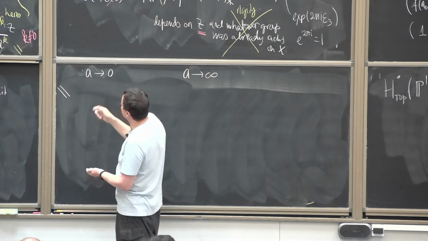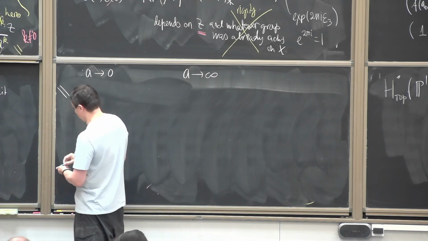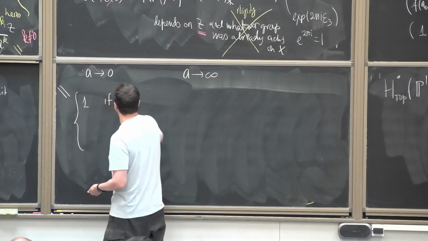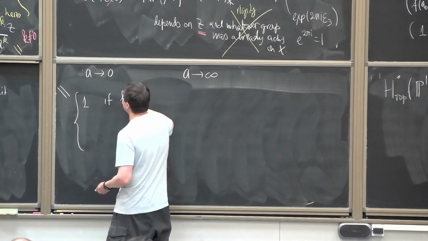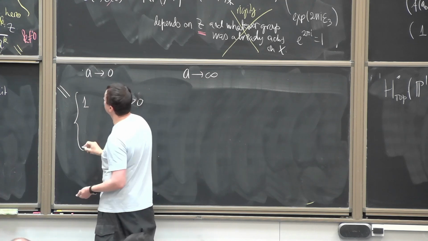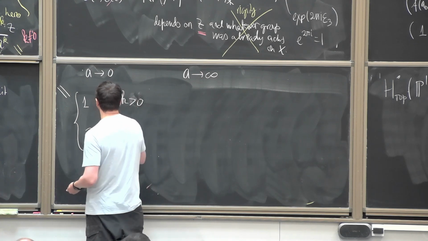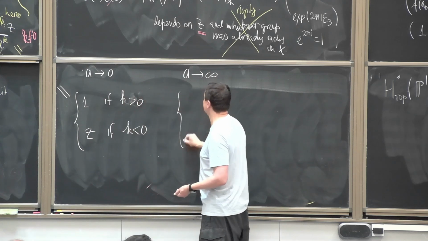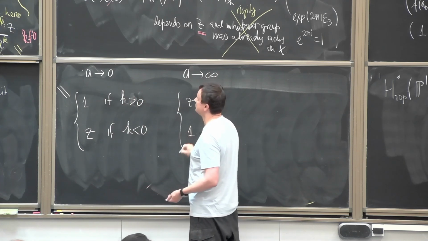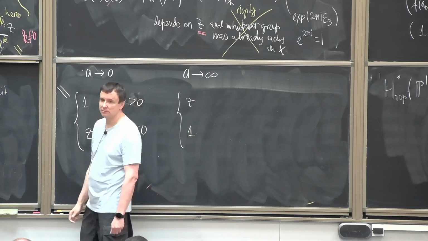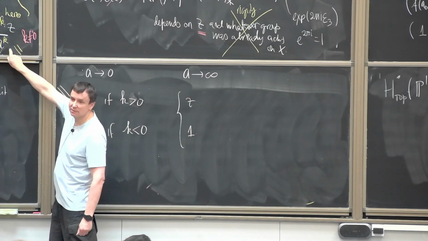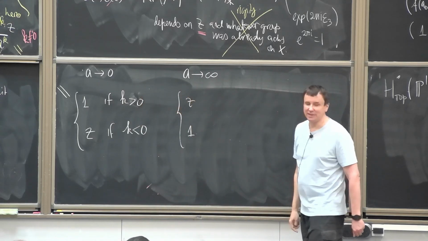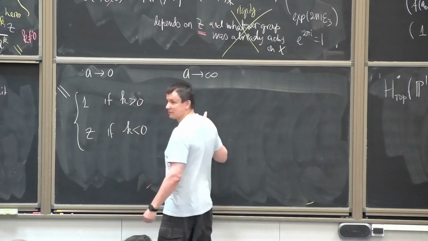So if A goes to 0, this goes to 1 if k is positive, and goes to z if k is negative. And here reverse. No, just one term. I'm looking at one term. One term goes to this or this.